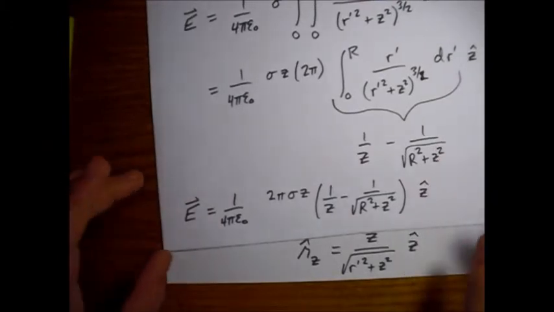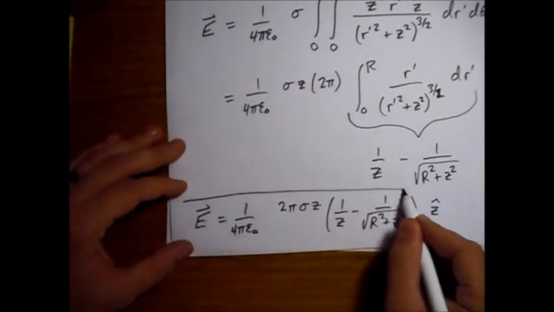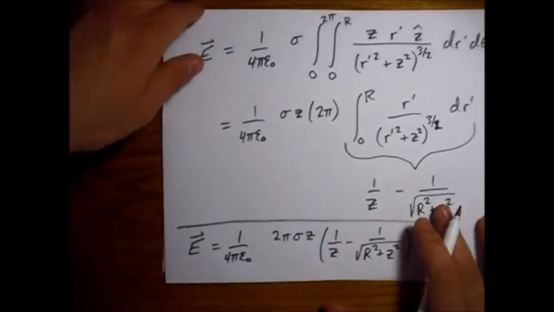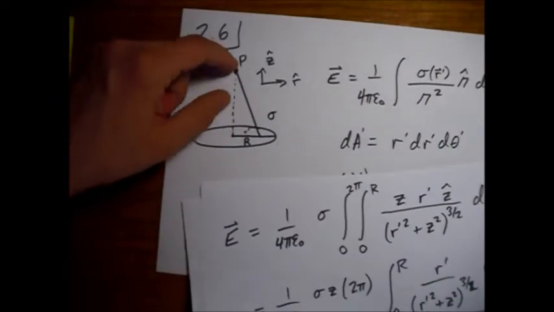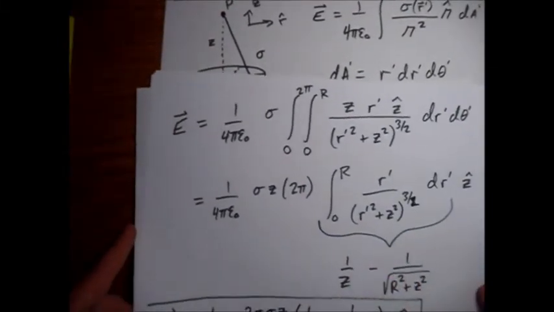So here we go. We've just solved for the electric field up at this point P, which is a distance z perpendicularly from the center of this charged disk with uniform charge density sigma.